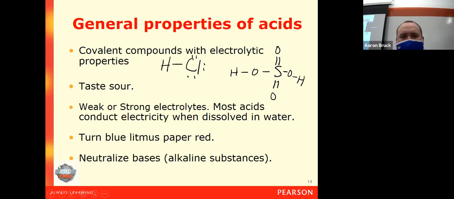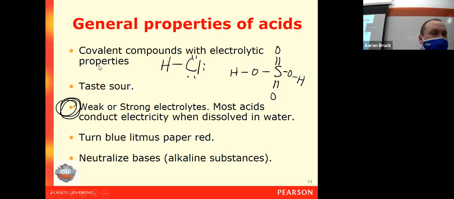But when they dissolve in water, that bond between the hydrogen and the other element breaks, and we end up getting ions as a result, and that's what allows them to conduct electricity. And so that's where our electrolytic character comes from. It comes from the splitting up of those ions in the water.